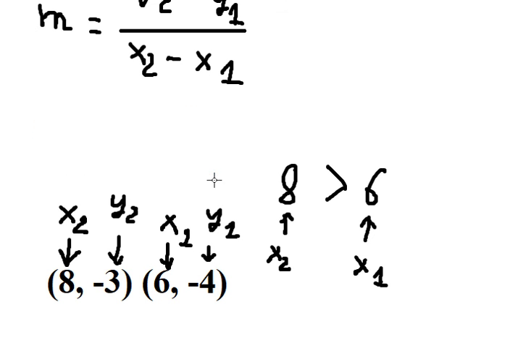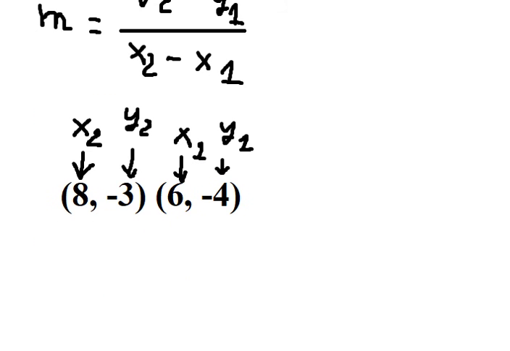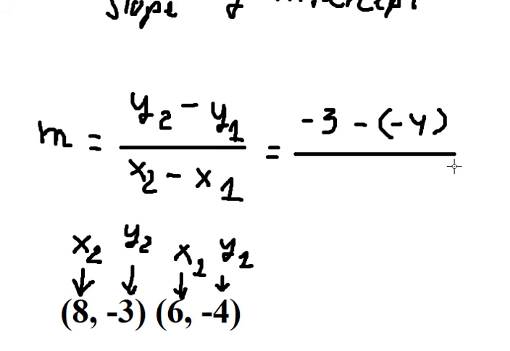Now after analyzing this one, we can put x2, y2, x1, y1 into this equation. So y2 is negative 3, y1 is negative 4, x2 is 8, and x1 is 6.